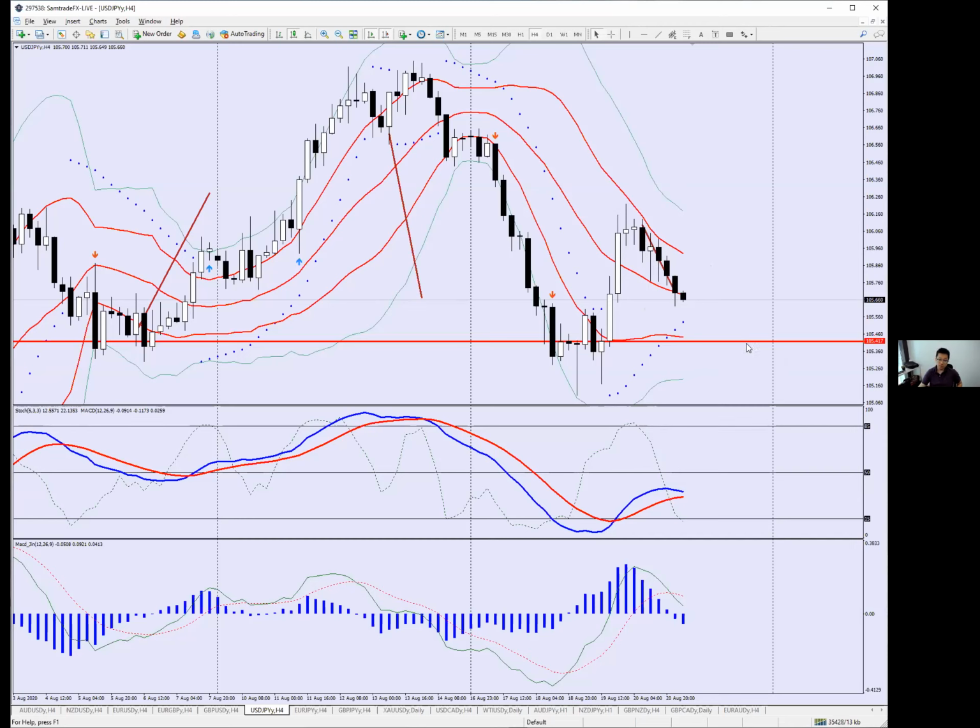I would say hold on to it unless it breaks below 105.41, then close out the trade. Right now, I still think there's a possibility that it could bounce back up if it doesn't break below 105.41. It still depends on where your stop loss levels are and where your risk is. I hope you take your other considerations into mind as well. Make sure you join Traders Club. I would hope that you would avoid that situation.